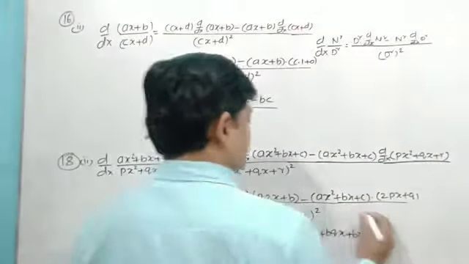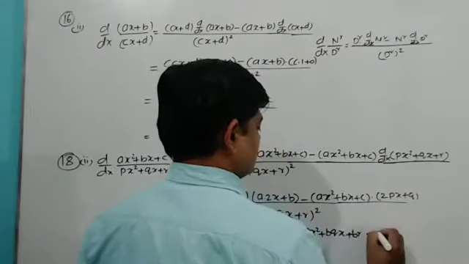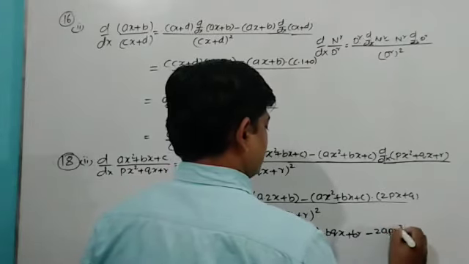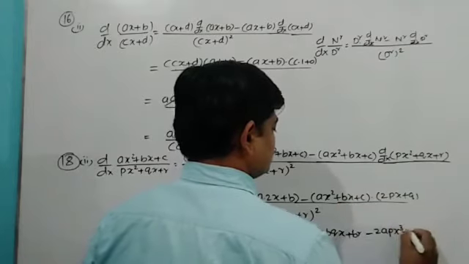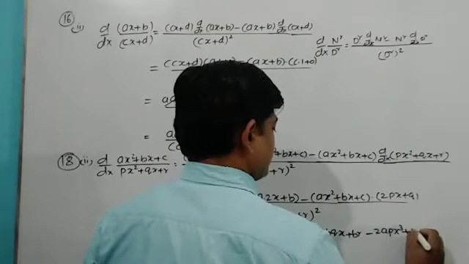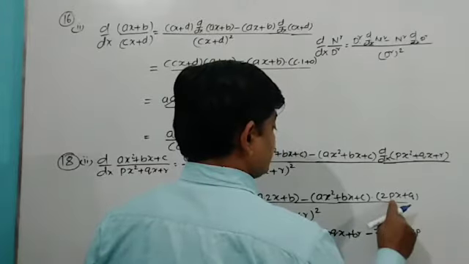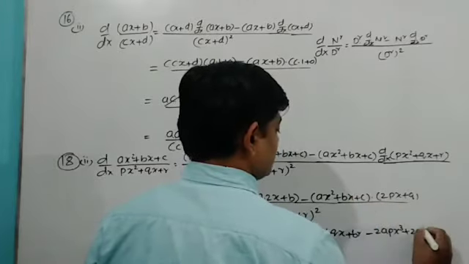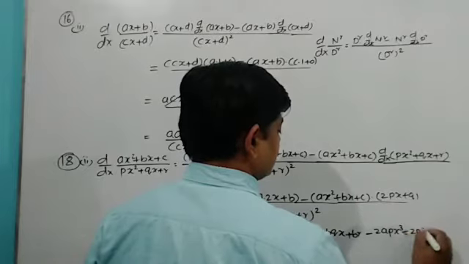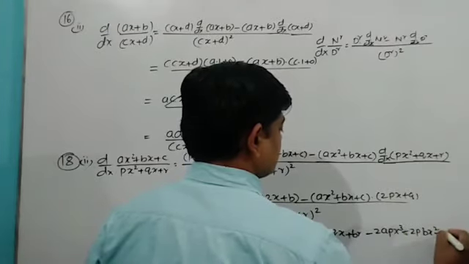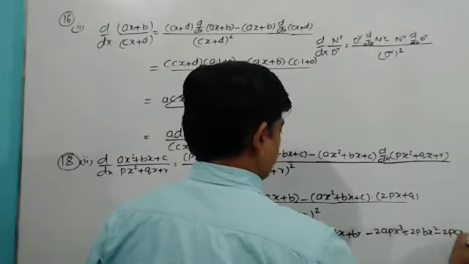Now with the negative sign: 2apx^3, 2pbx^2, and 2pcx.